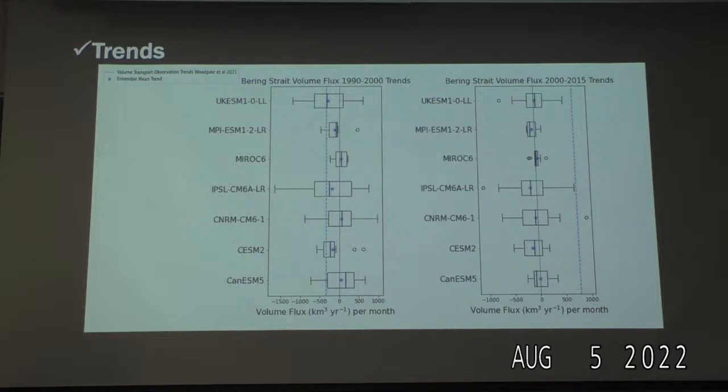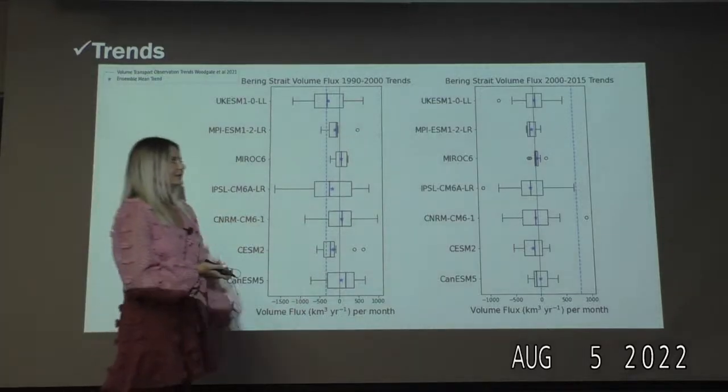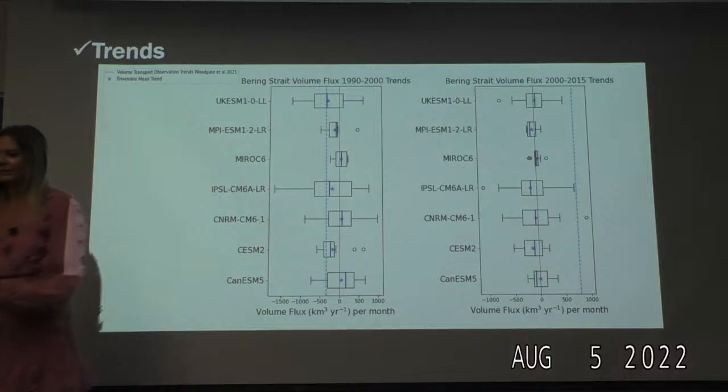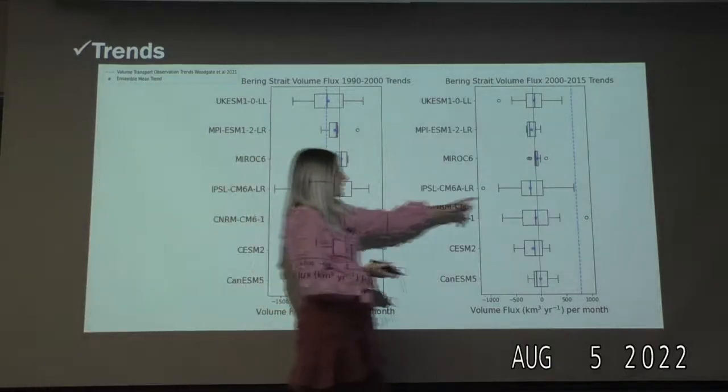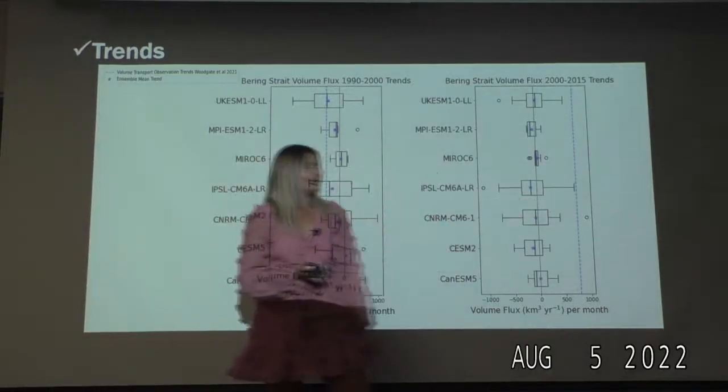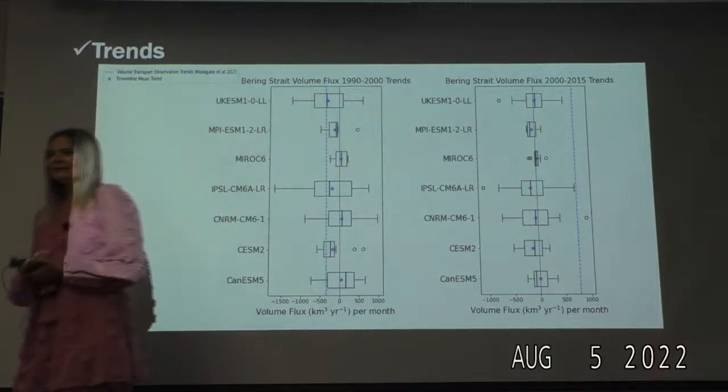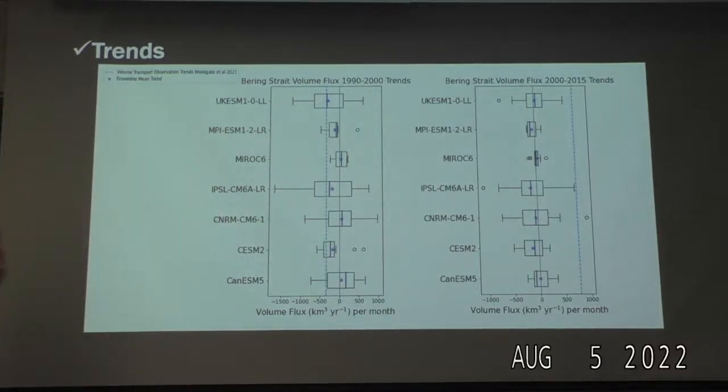However, in 2000 to 2015, looking at the next plot, the trends within the models fall nowhere near the transport trends. You can see the transport observation line is way far to the right of what the ensemble members are capturing. Besides looking at the IPSL model right here, you can see this falls very close to the transport observations, but this may be because this model contains 32 ensemble members.